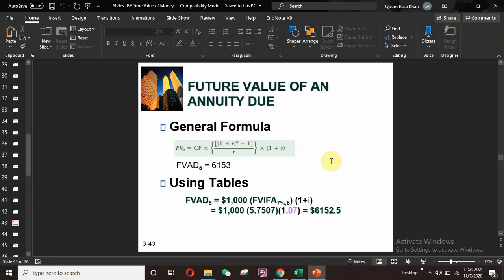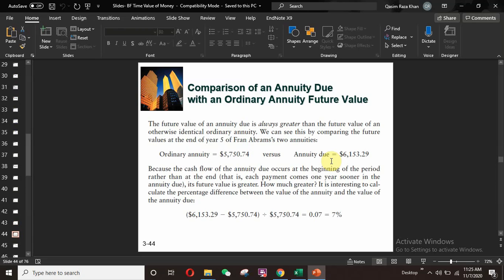So now we compare in the next slide. We compare the difference between the methods, which method is generating more future value, because in the investment plan all the figures are the same, but both methods are generating different values for you. One thing you need to remember here is that annuity due always generates more future value compared to ordinary annuity.